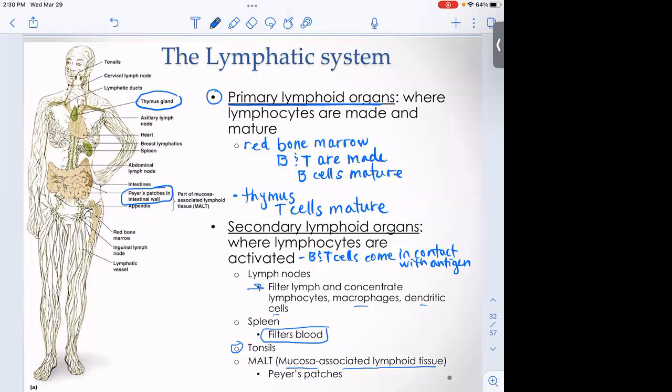All right, so if we look more closely, the picture shows lots of lymphatic vessels. So, right, we don't have a lymph pump. How does the lymph move through those vessels? Well, the lymph moves in one direction, and it empties out in the subclavian vein.